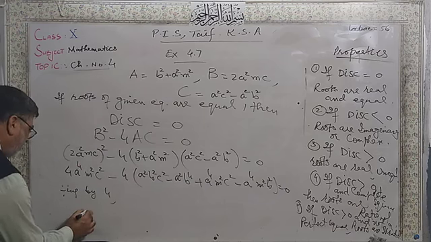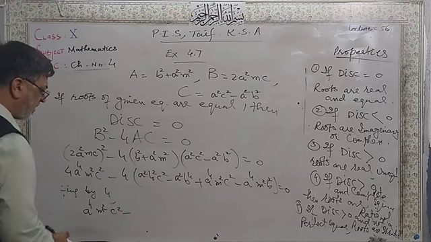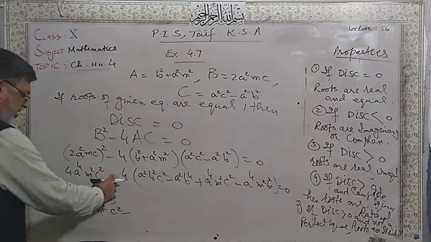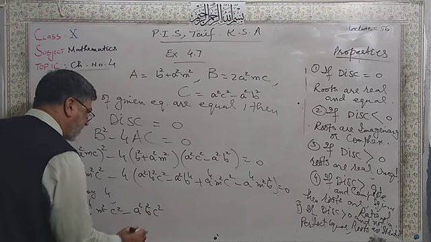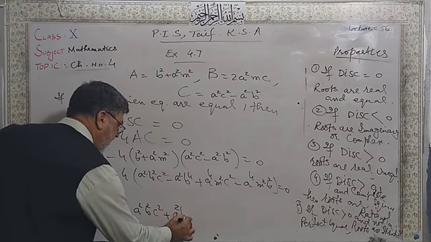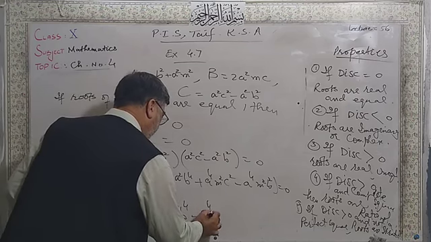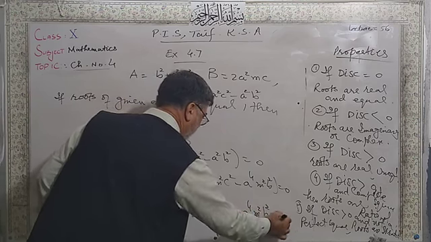We are left with a4 m square c square minus, now remember that I have divided this equation by 4. 4 is cancelled out. Now I am opening the bracket by changing its sign also. Minus a square b square c square plus a square b4 minus a4 m square c square plus a4 m square b square is equal to 0.